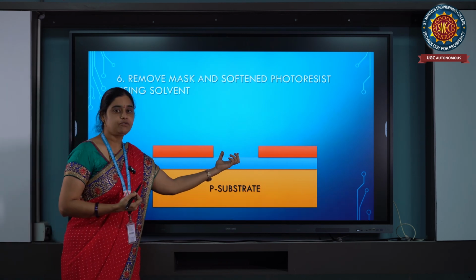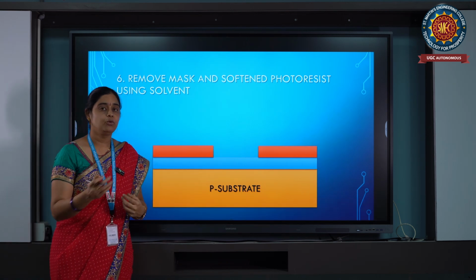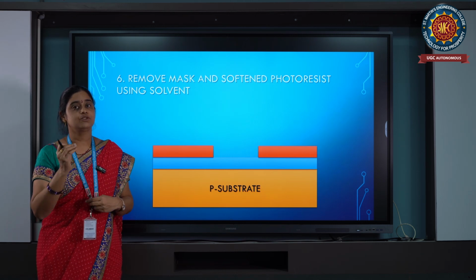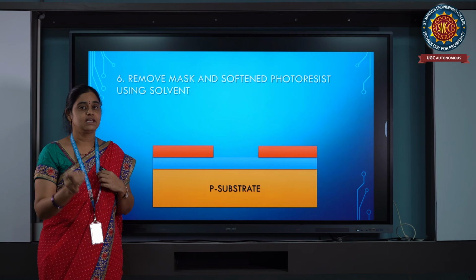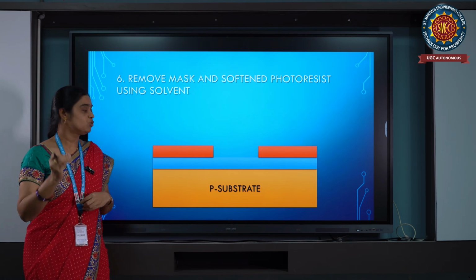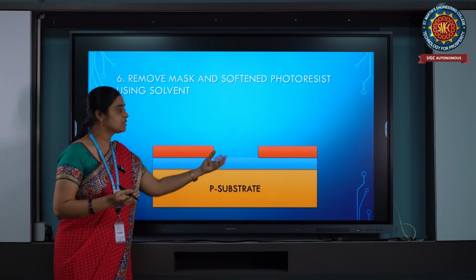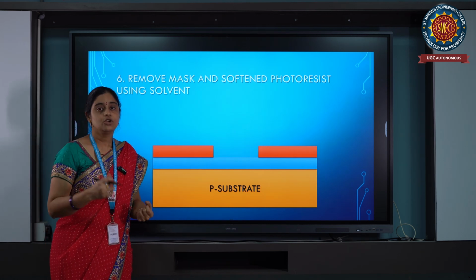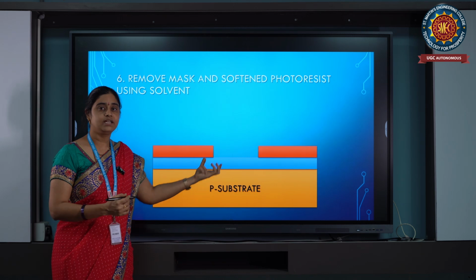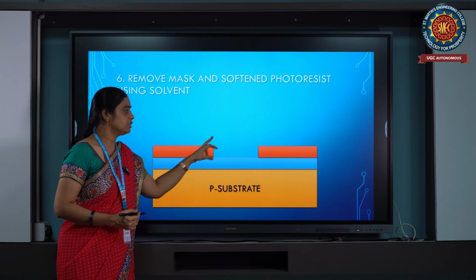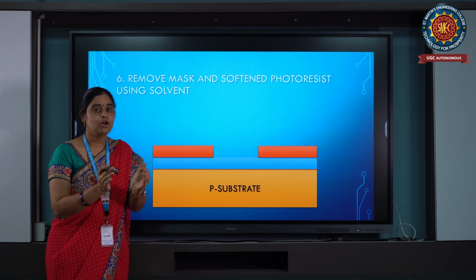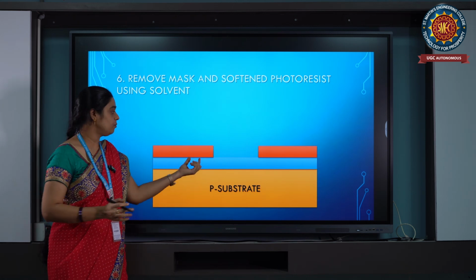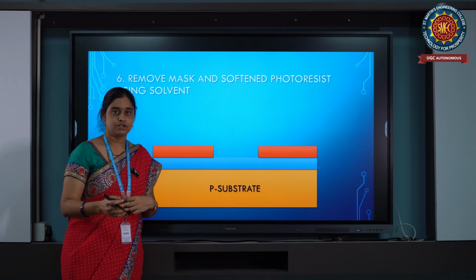This softened photoresist will be removed, because we have discussed earlier that we have used HF solution, means hydrofluoric acid, as an etching solution, which is used to dissolve the masked region. This is our target region to form the gate structure. So we are clearing the photoresist at the middle of the substrate. At either end, we are going to form drain and source afterwards.